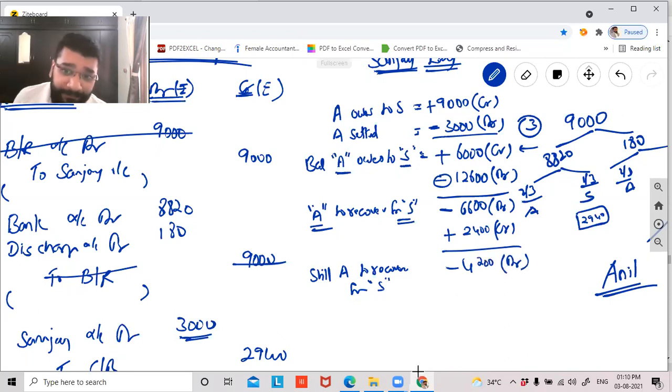Still recoverable: 6,600 minus 2,400 is how much? Can I say this is the amount A still has to recover from S?